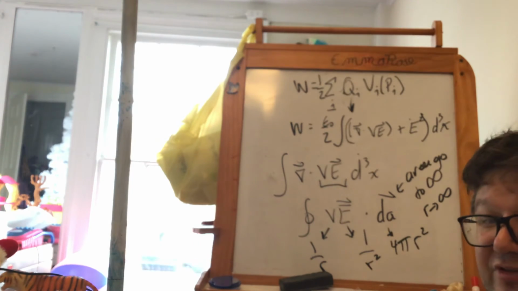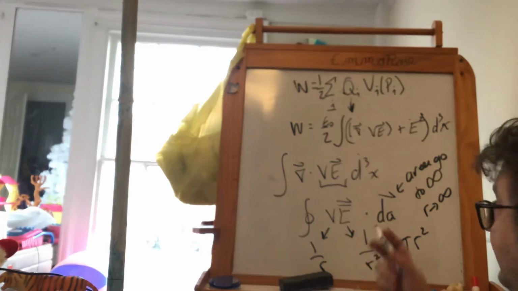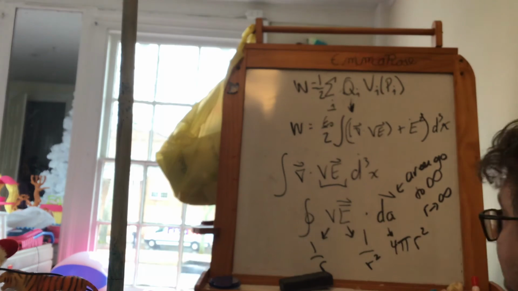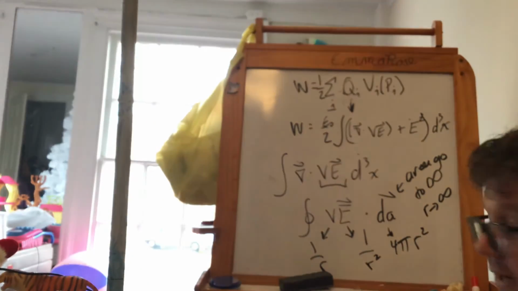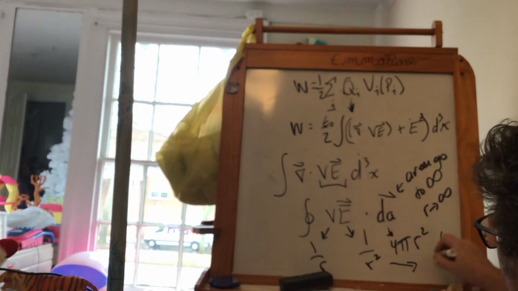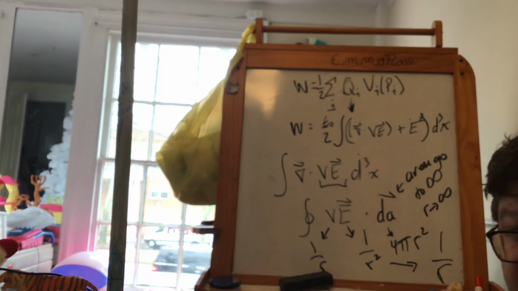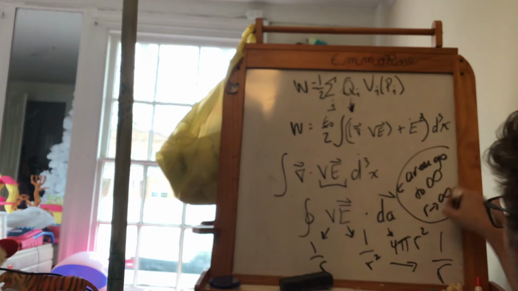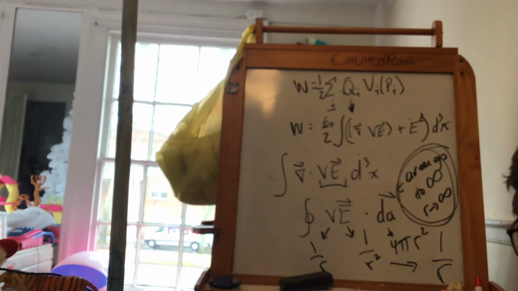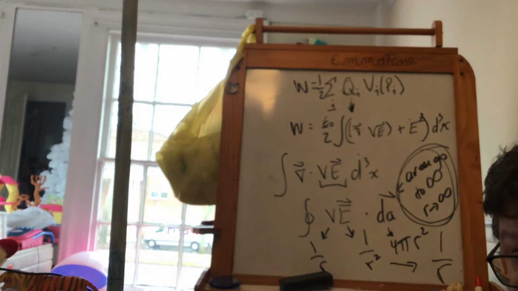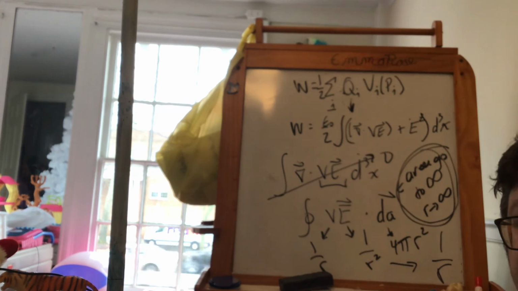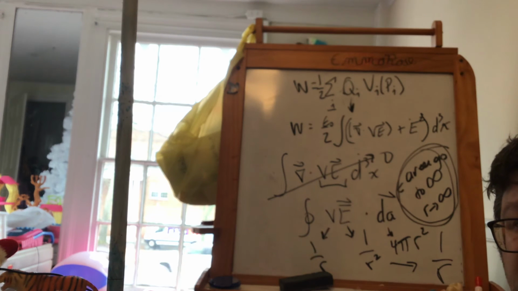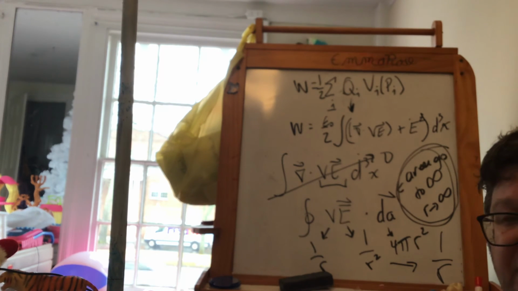It also goes to 0, but more slowly than the electric field does. So I take 1 over r squared times r squared, and that gives me something that is going to go as 1 over r. So if I take the surface area to infinity, I expect this term to go to 0, because the radius becomes infinitely large.